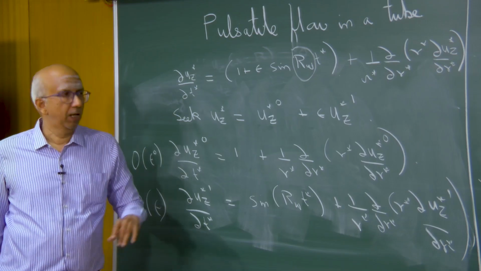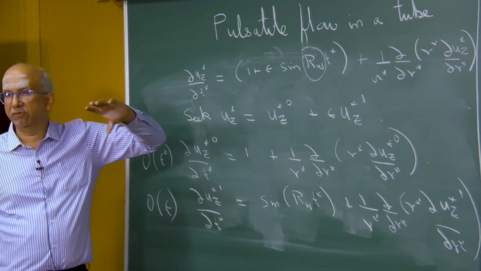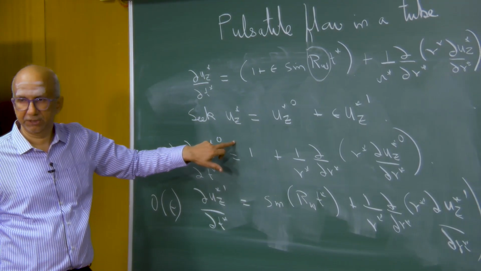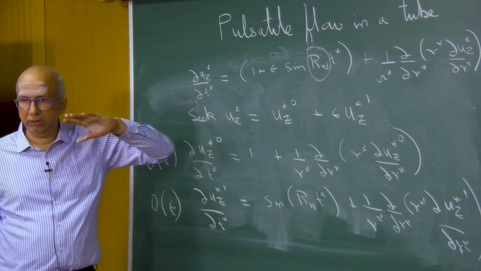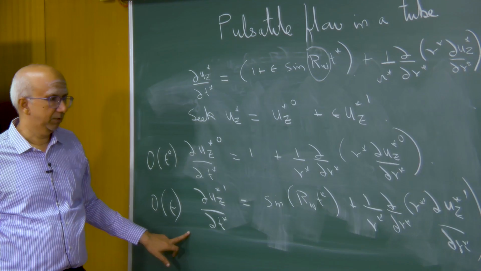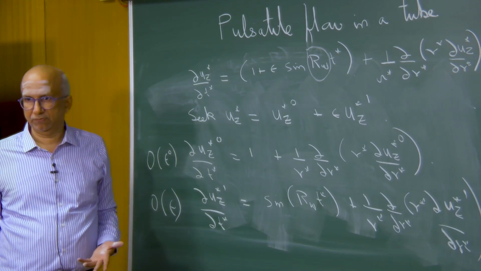What does that mean? I am substituting this here and collecting all the terms which are independent of epsilon, that gives me this equation. I collect all the terms which are epsilon to the power 1, that gives me this equation. This is basically the principle of superposition.